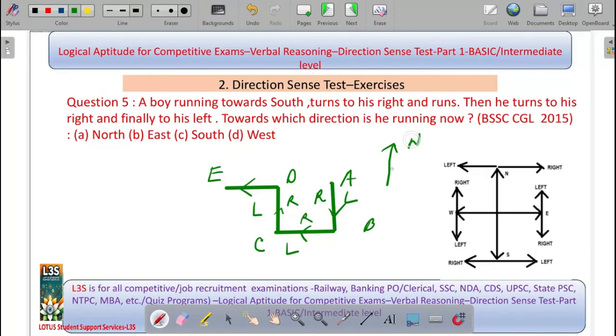This is north, east, south, west. So sorry, this E point will be in the west direction. This one towards west. So the answer will be D, west.